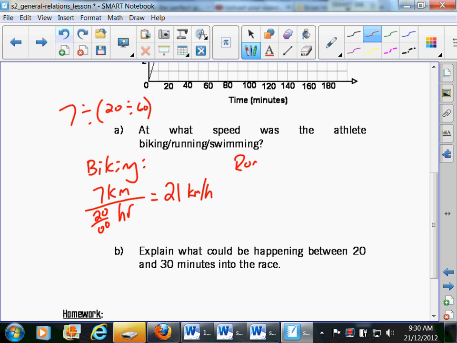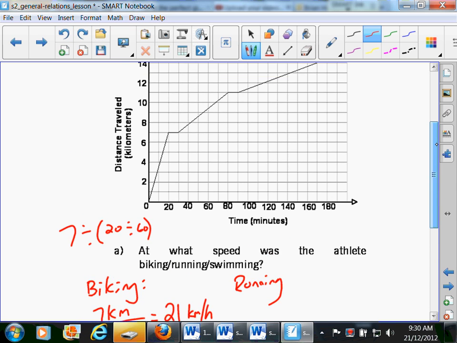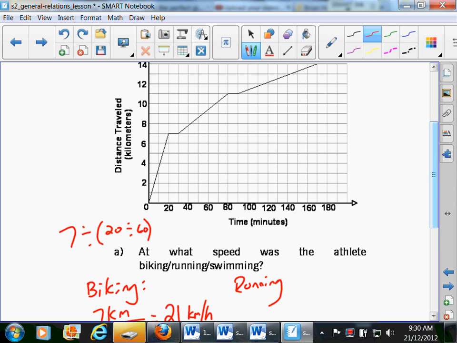Running. Now we need to find the slope here. For running, we go from 7 up to 11, so that's actually going to be an increase of 4 kilometers. Over 30 to 80 would be 50 minutes.